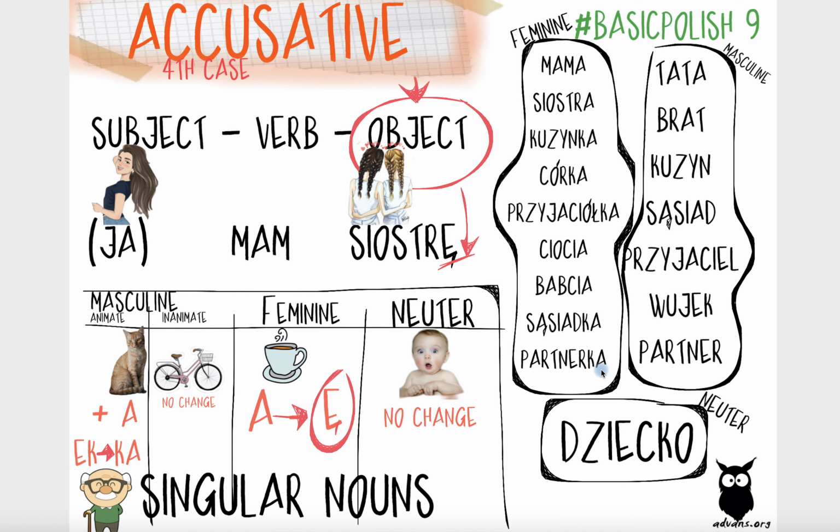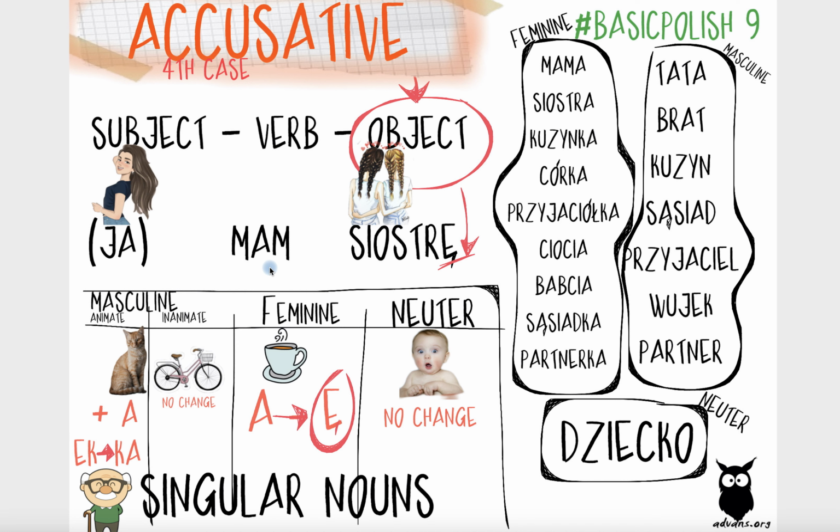Two things that you need to remember is to make that change straight away when you happen to be dealing with some kind of verb and an object after that: you think about accusative. Now, an important thing to say here is that we will sometimes have verbs that don't connect with accusative when it comes to the direct object.